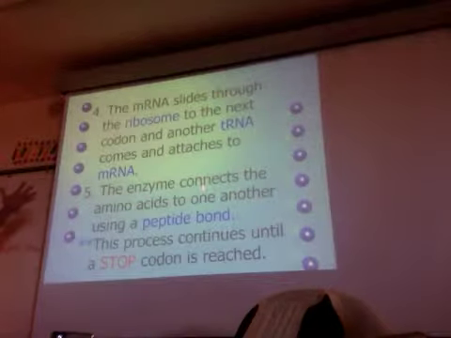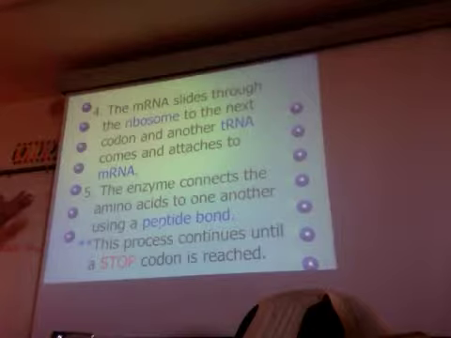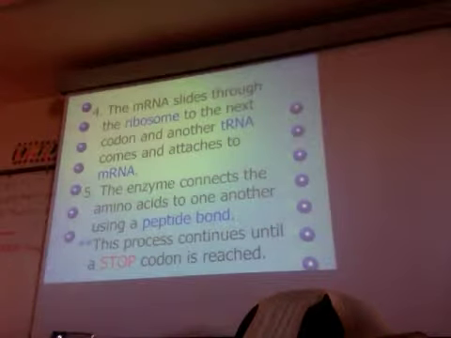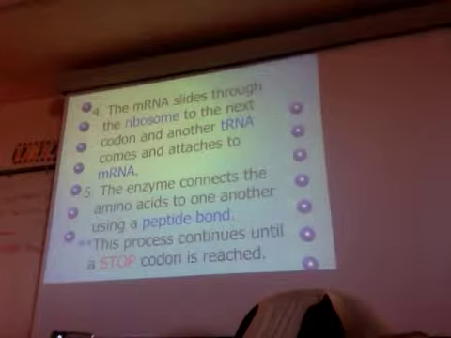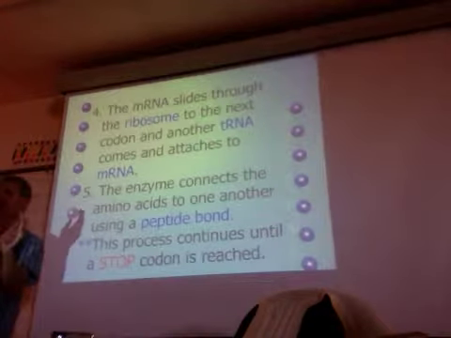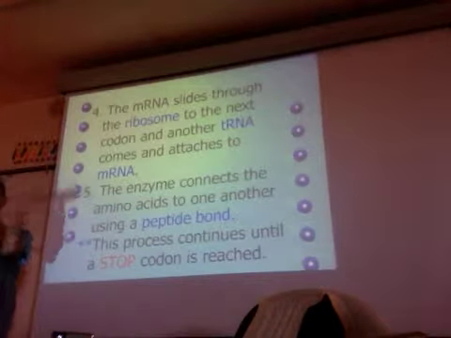By forming two amino acids together, you form what's called a peptide bond, and thus the name polypeptide, the bonds between amino acids. This process continues from the start signal to the stop signal until the gene is coded, at which point the ribosome falls apart.